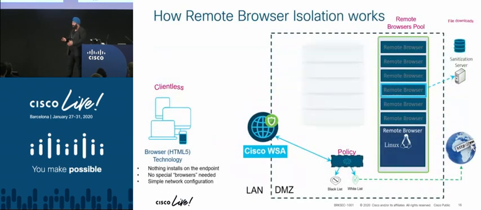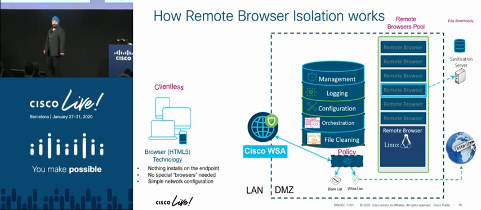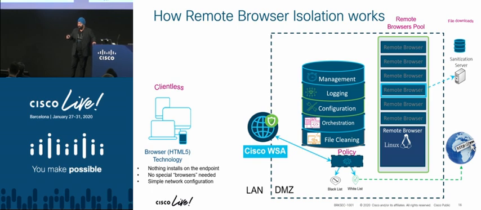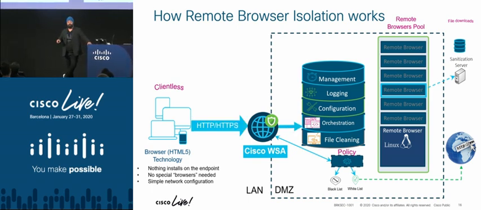Now let's look at this in further detail. How exactly does this work? First of all, it's a clientless solution. You do not need to deploy anything on your endpoints. Nothing is required on your endpoints. By default, all your HTTP or HTTPS traffic goes to the proxy solution, which over here is the Cisco WSA, and you can use any proxy solution.